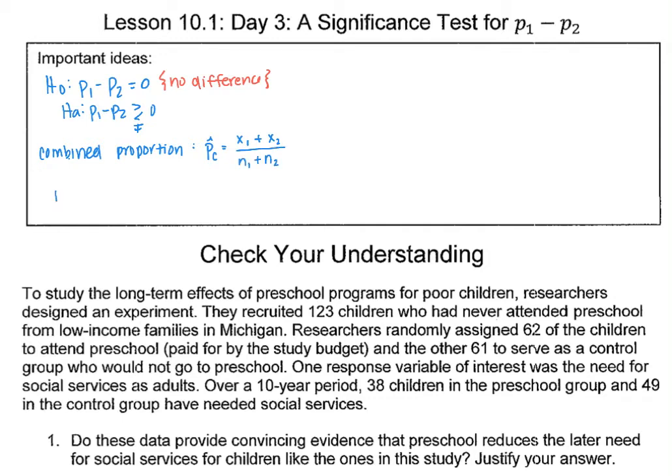And where you get those numbers is p hat 1 is x1 over n1, and p hat 2 is x2 over n2. So we have to get a combined proportion, and you need this to get the standard deviation of the statistic. You need this for the z-test statistic.